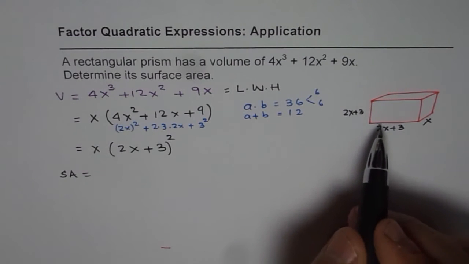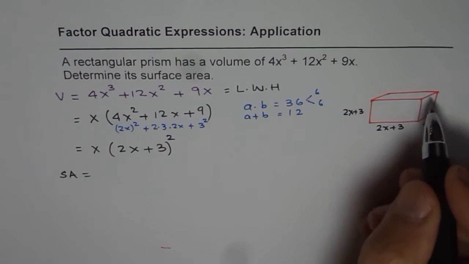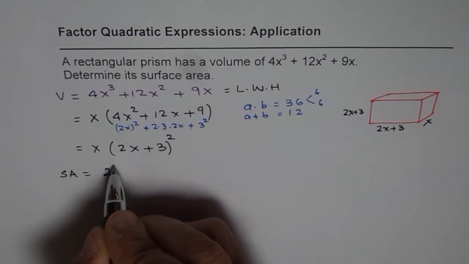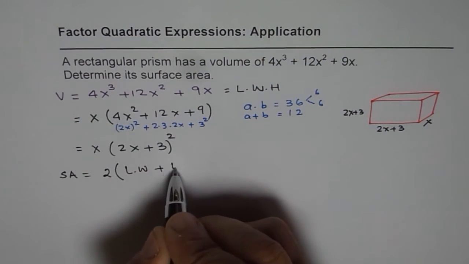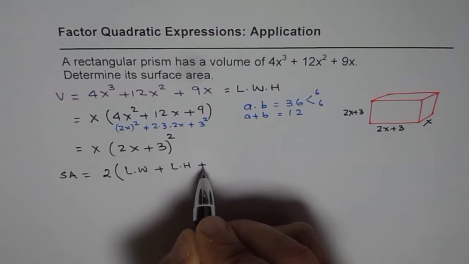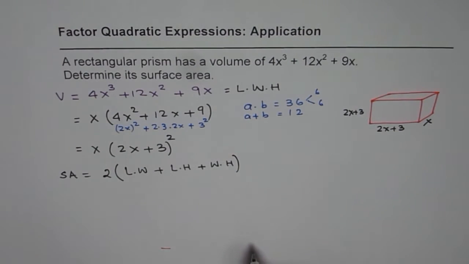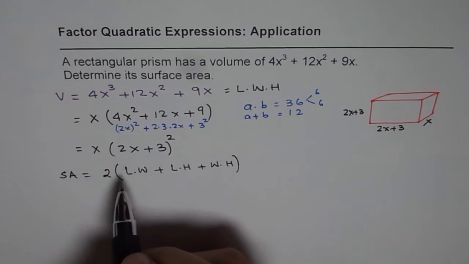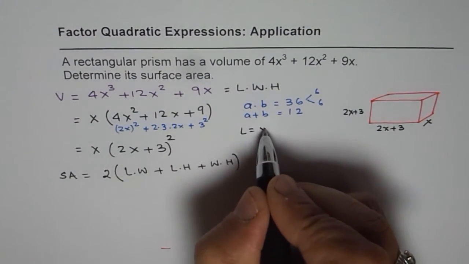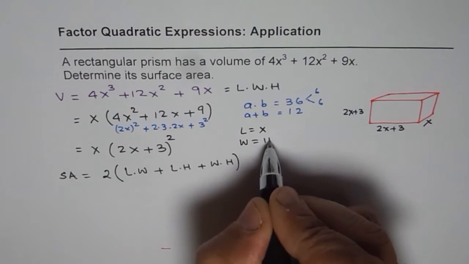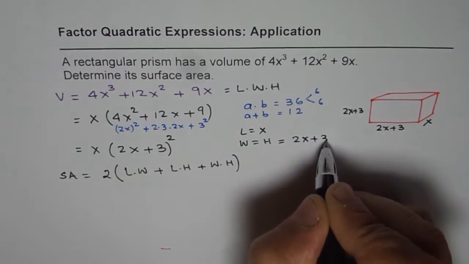Surface area is length times width, and there are two surfaces of the same kind, so 2 times (length times width plus length times height plus width times height), correct? So let us assume that the length is x, and width equals height, which equals 2x plus 3.